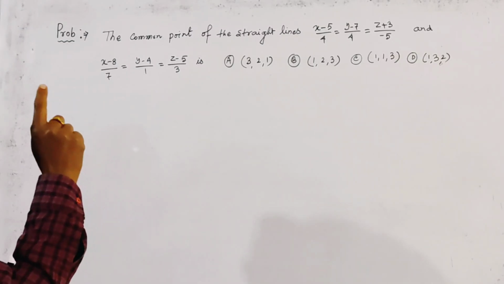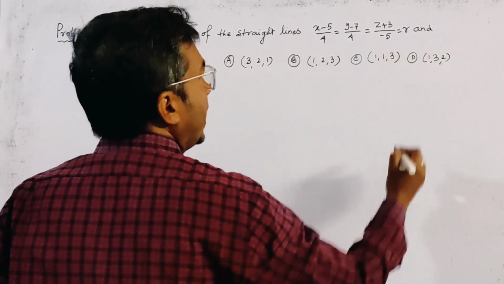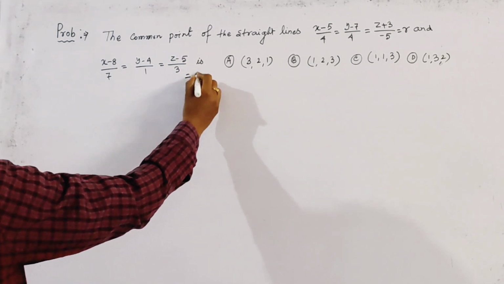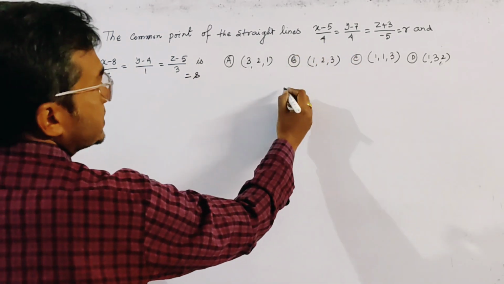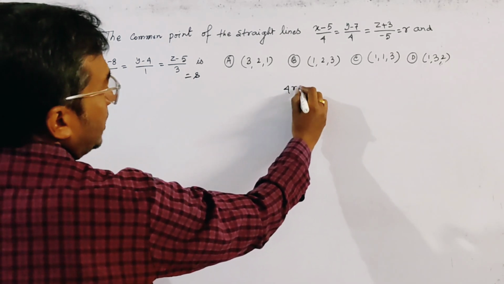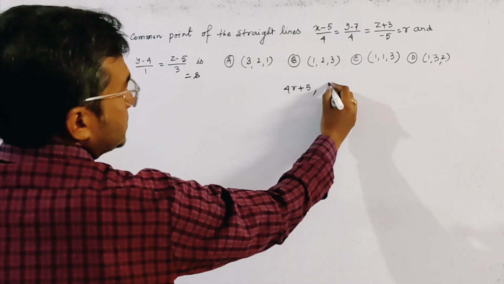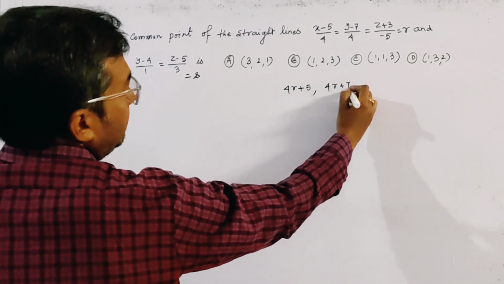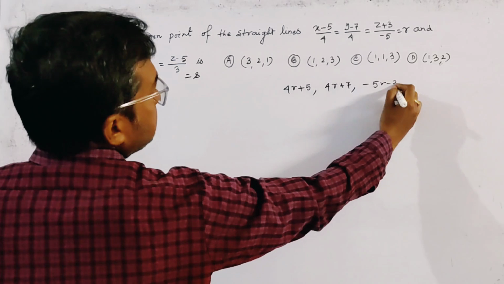To find the point of intersection, we let here this be a constant r, and also we let here a constant s. Then any point on this line is given by 4r plus 5, and the y coordinate is 4r plus 7, and the z coordinate is minus 5r minus 3.